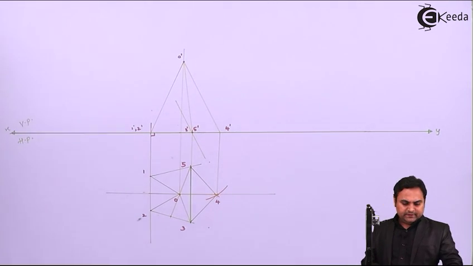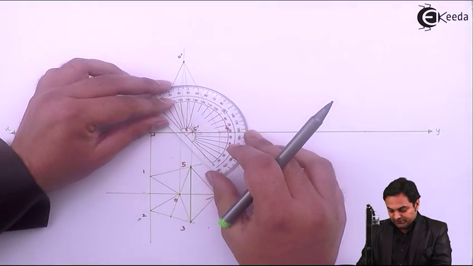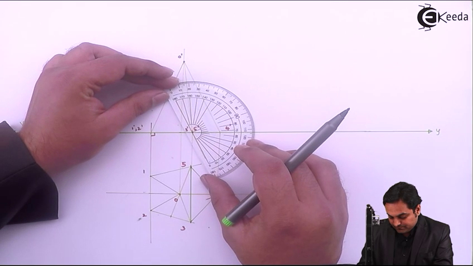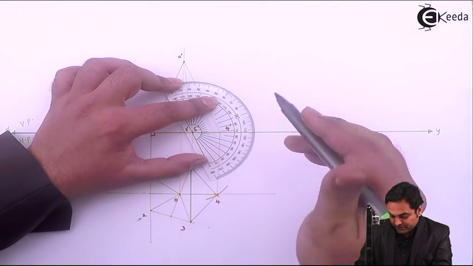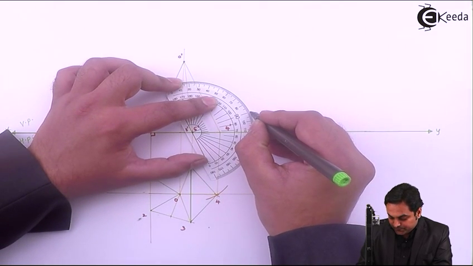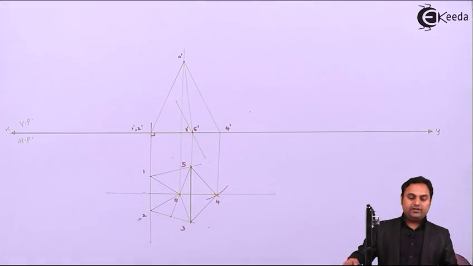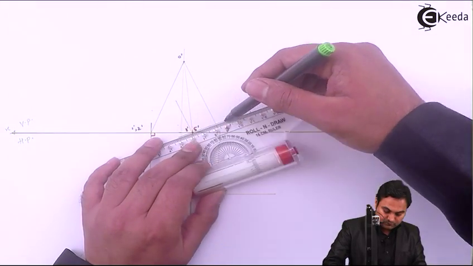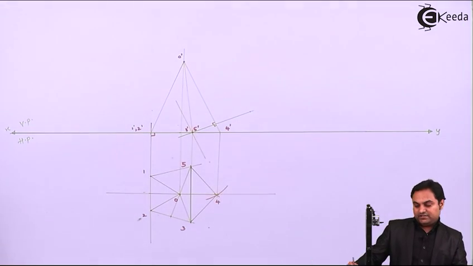So for that, one condition is keeping the point here on 3 dash 5 dash, we are going to drop a perpendicular on the edge O dash 4 dash. Now when we are drawing a perpendicular line through it, this line is perpendicular.